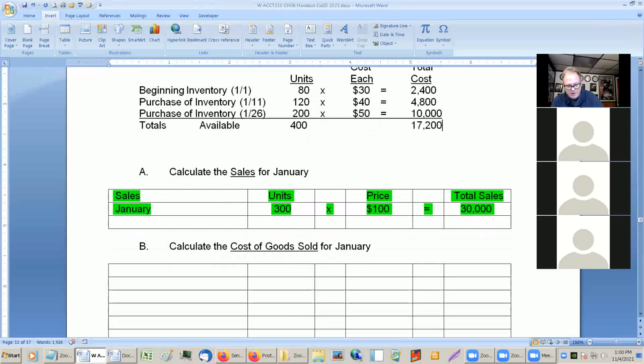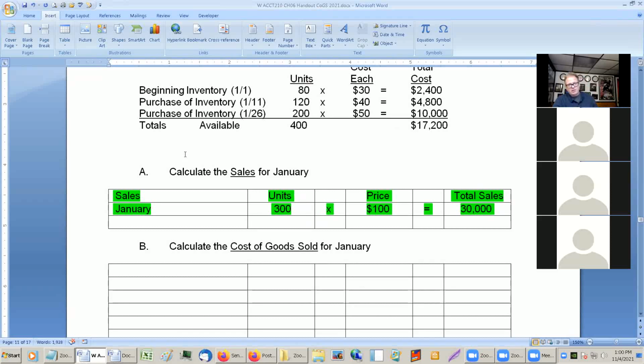Let me check that just to make sure. Doing it in my head is not the best thing. Yeah. Okay, so these are the total costs. And this is total available.